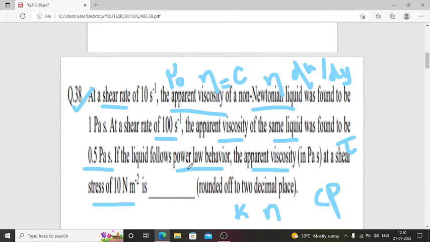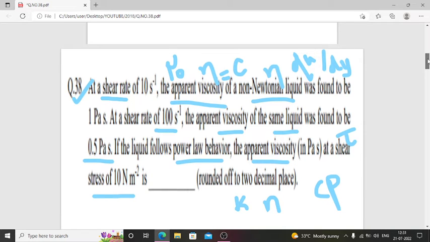After calculating the apparent viscosity value, we have to round off the result to 2 decimal places.